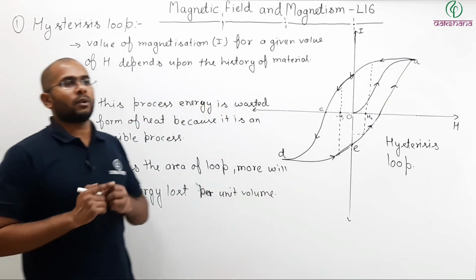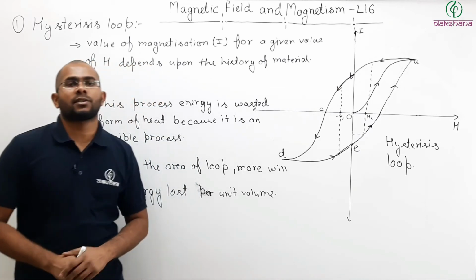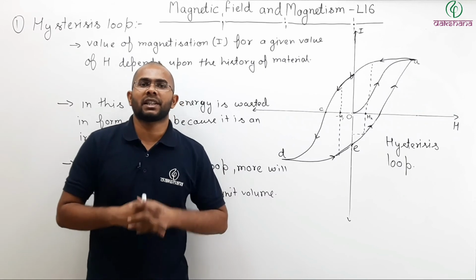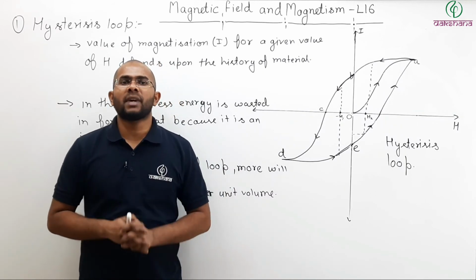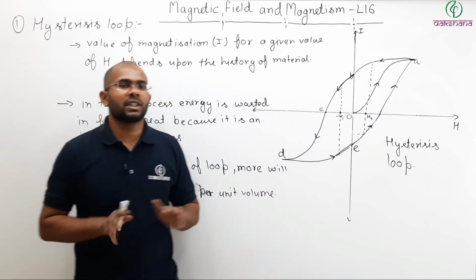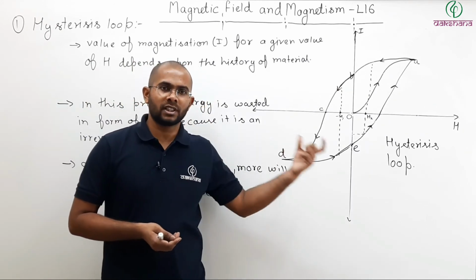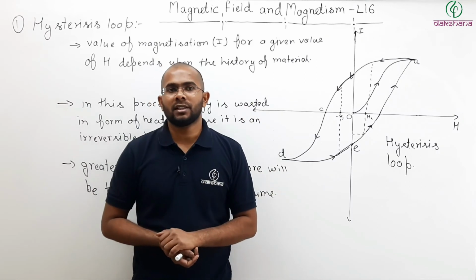So if you have a ferromagnetic material and you know the hysteresis loop, and let us say that you want to compare two ferromagnetic materials and you want to minimize your heat loss, whichever ferromagnetic material will have less area of this loop, that material you can use.